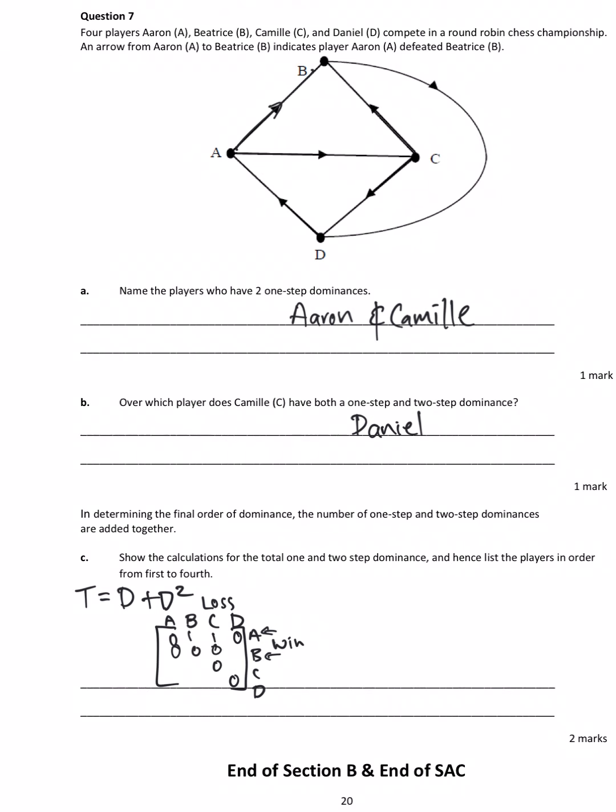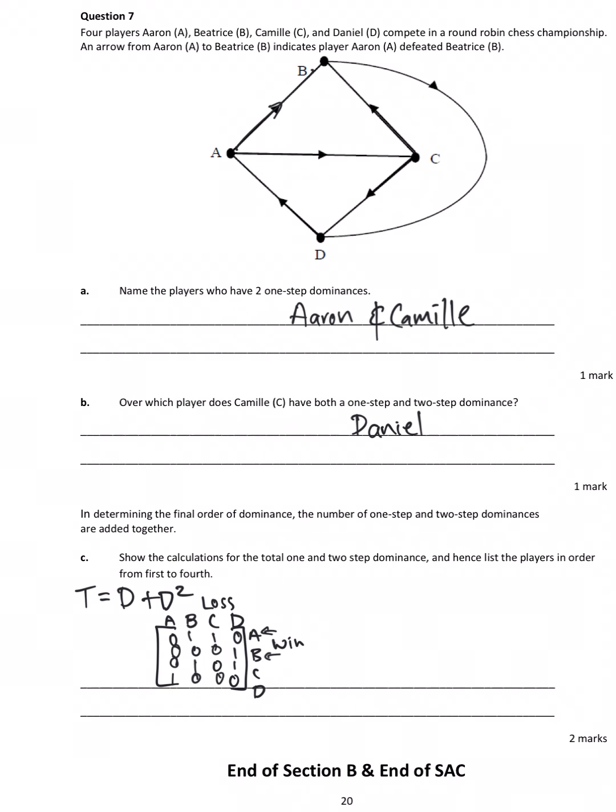Beatrice loses to Camille. Beatrice beats Daniel. Camille loses to Aaron. Camille beats Beatrice. Camille beats Daniel. Daniel beats Aaron. Daniel loses to Beatrice. And Daniel loses to Camille.